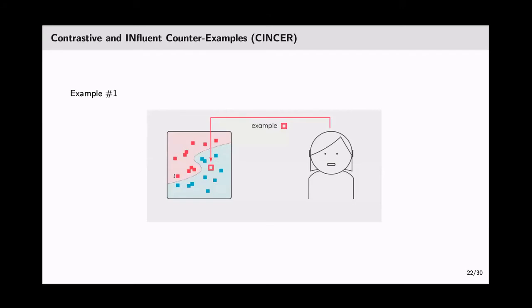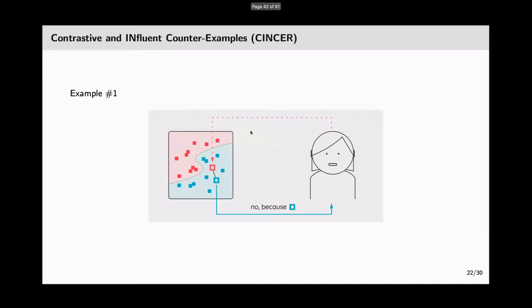Okay, to explain this, let me give a couple of examples. The user provides a new example which belongs to the red class, and this falls into a region which the classifier thinks is blue. And so the user is contradicted.